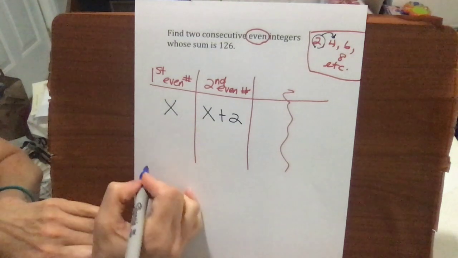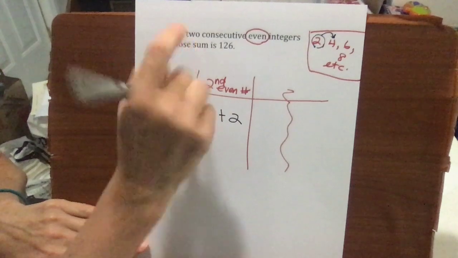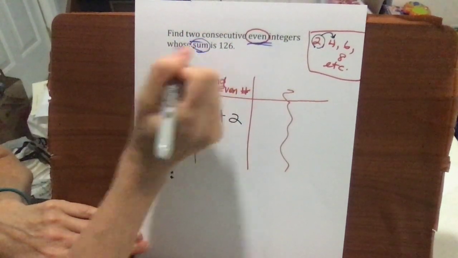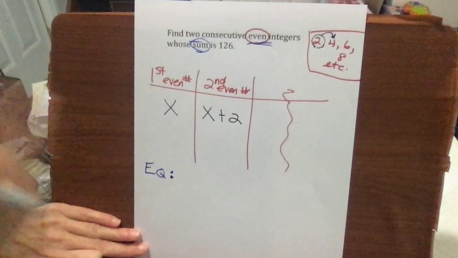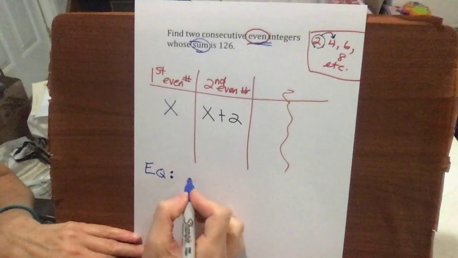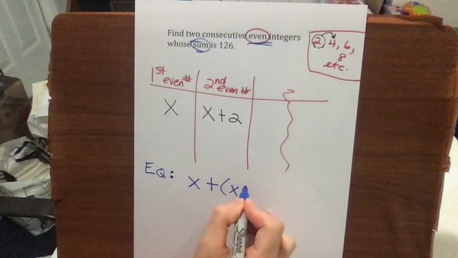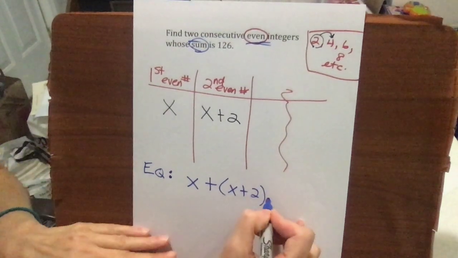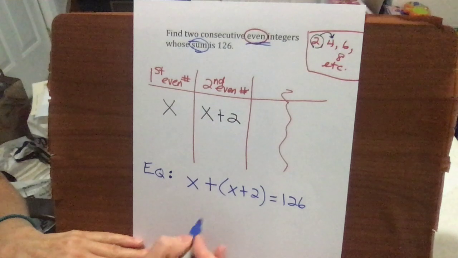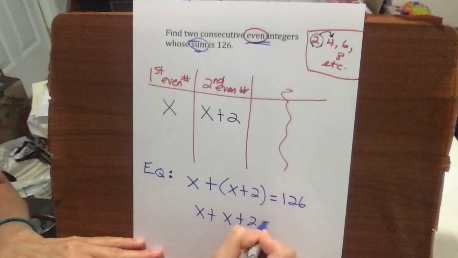Now comes the equation. We want to find 2 consecutive even integers whose sum is 126. So we're going to add the first and second even integer. Well, the first integer is x. The second integer is x plus 2. And they equal 126. Now, if you want, you can just drop the parentheses because everything's being added.